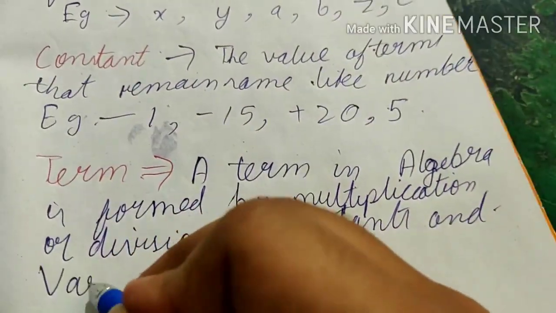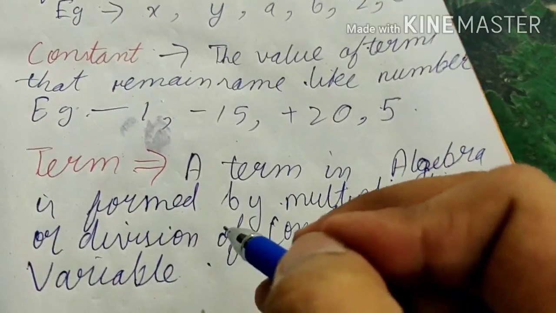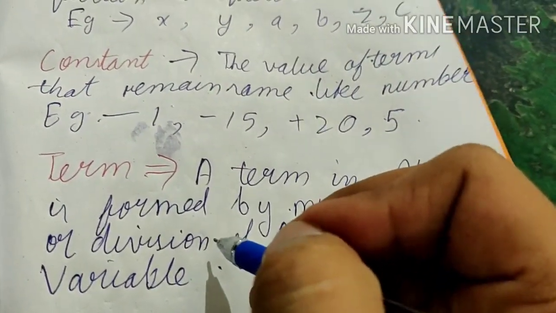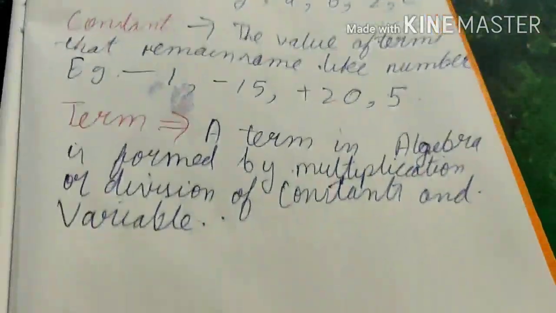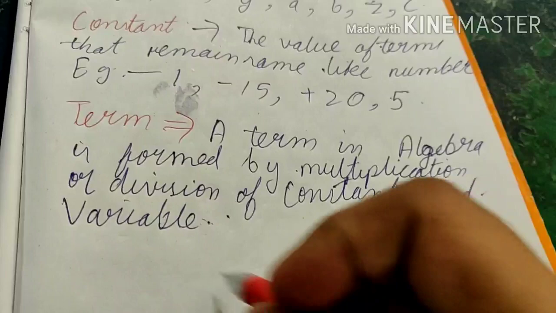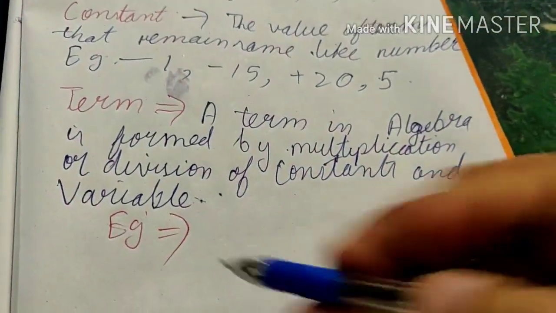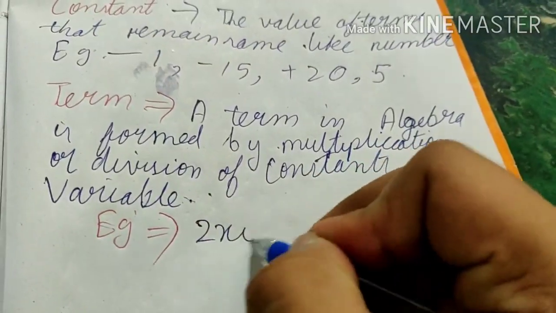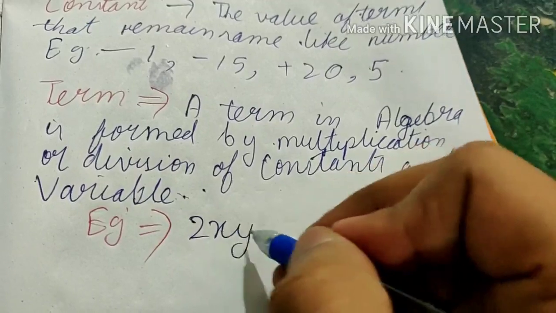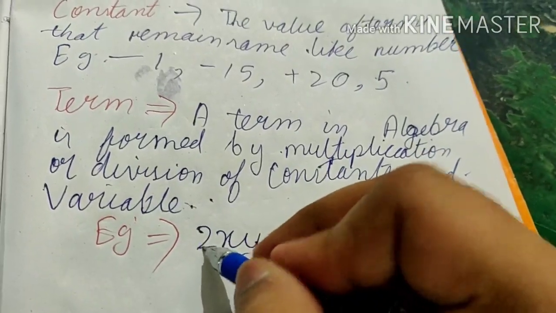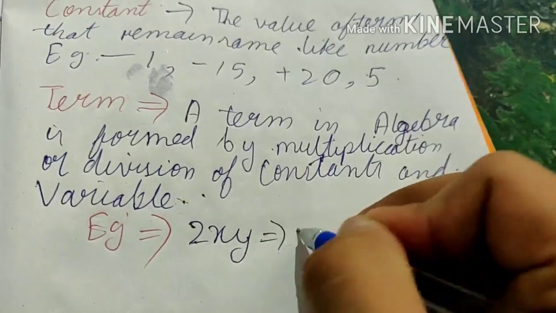When constant and variables are present together in a single term, means they are attached in a form of multiplication or division. These are called terms. Does this mean that 2xy, a variable x, variable y, and a term 2 is attached in a single term by just simple multiplication?